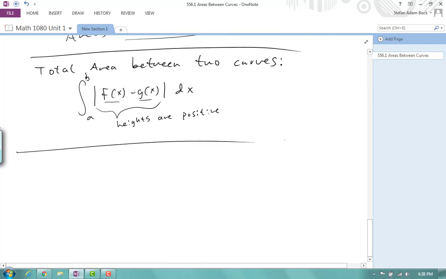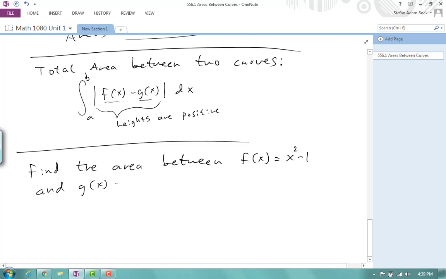So if I wanted to do another example like this, I could ask: find the area between f of x equal to x squared minus 1 and g of x equal to 1/2 x plus 1, on the interval from -2 to 0.